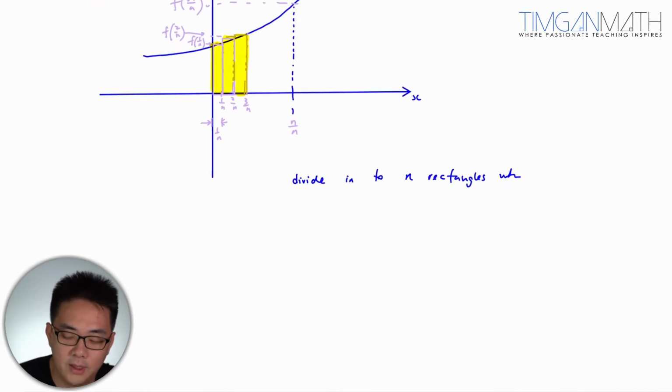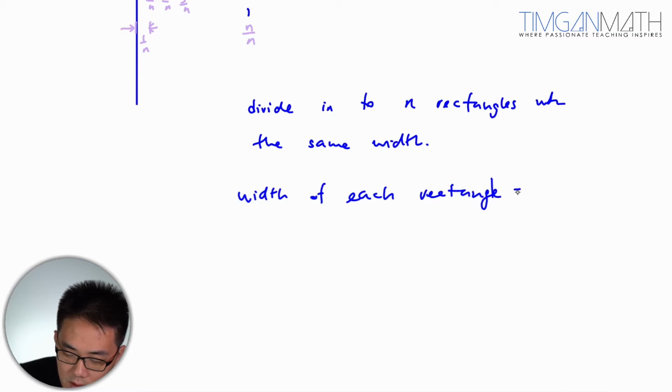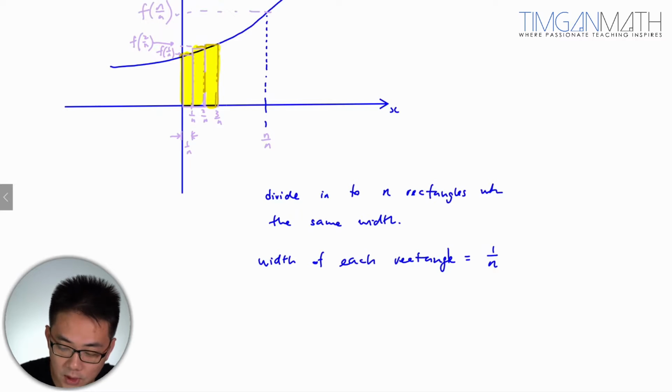You need to explain a bit. The width of each rectangle is just 1 divided by n, so it's 1 over n.